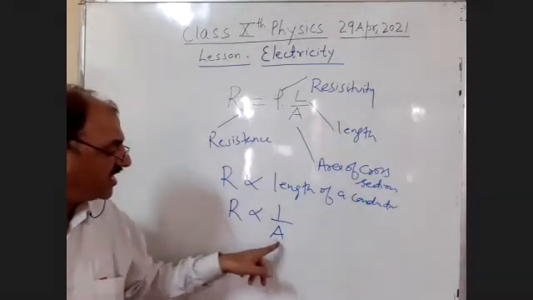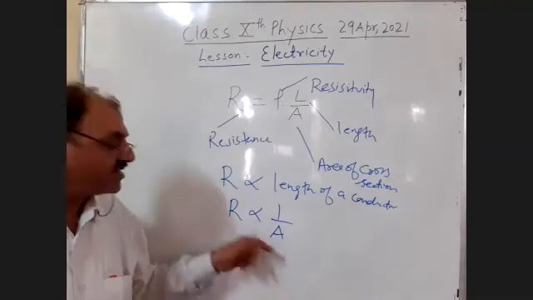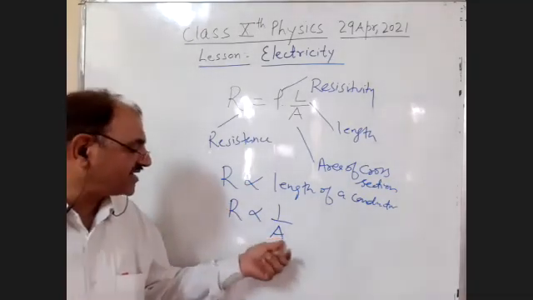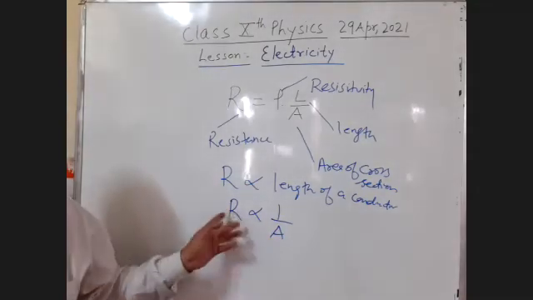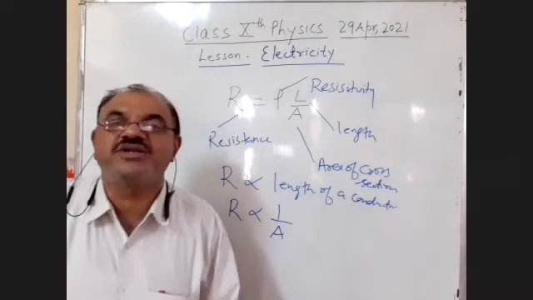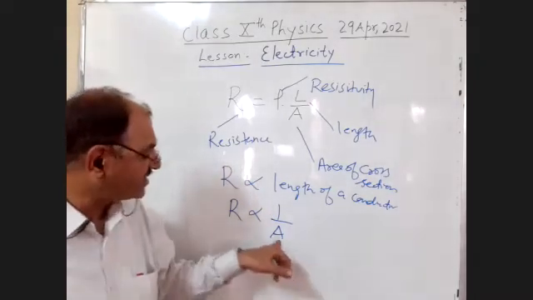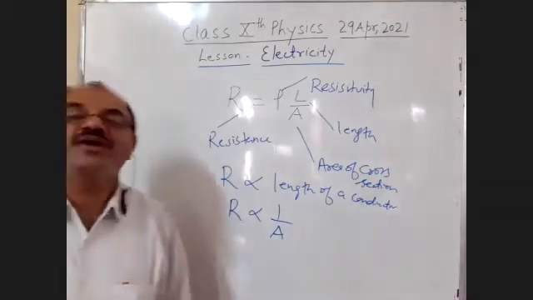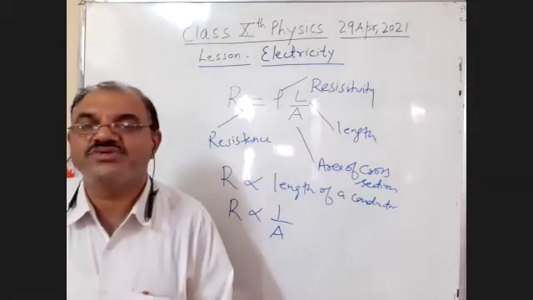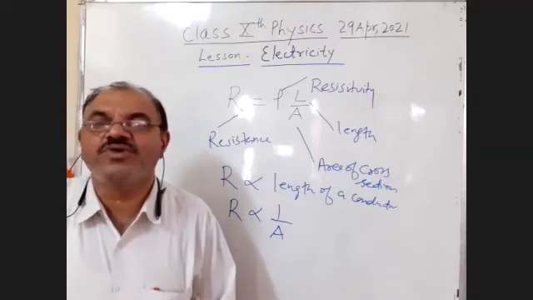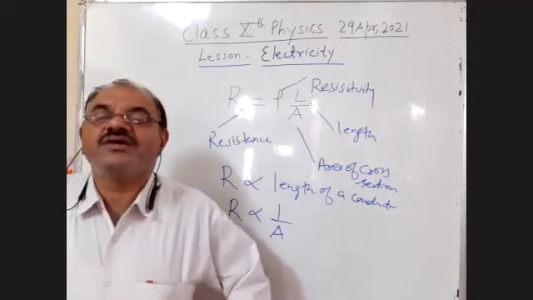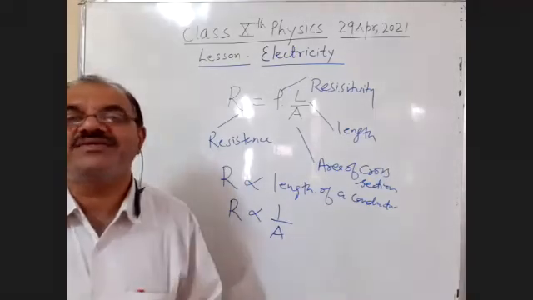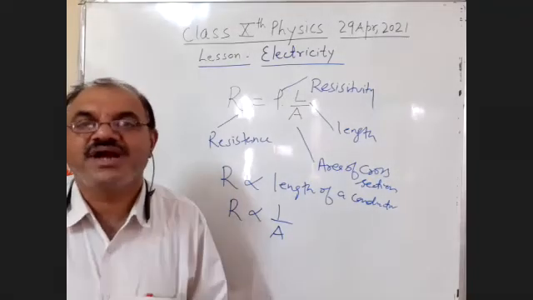If the area of cross section is more, resistance is less, because they are inversely proportional. Is it clear, students? Now, based on this formula, today we'll solve the numericals and NCERT questions also.